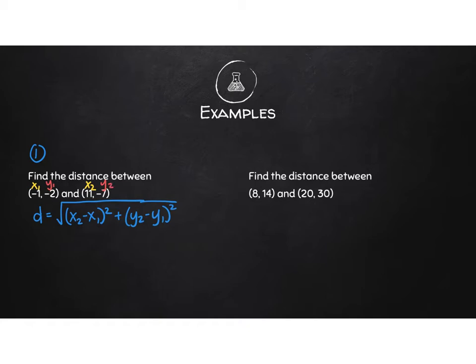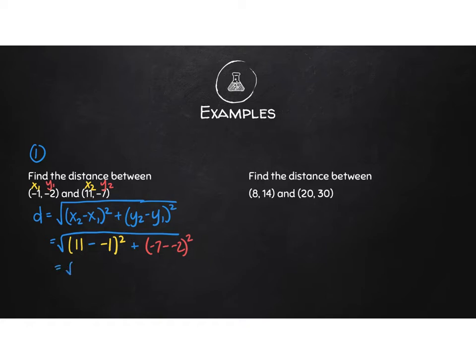So I'm going to substitute. We're going to take the square root of x2, which we said was 11, minus x1, which is negative 1, squared, plus y2, which is negative 7, minus negative 2, squared.